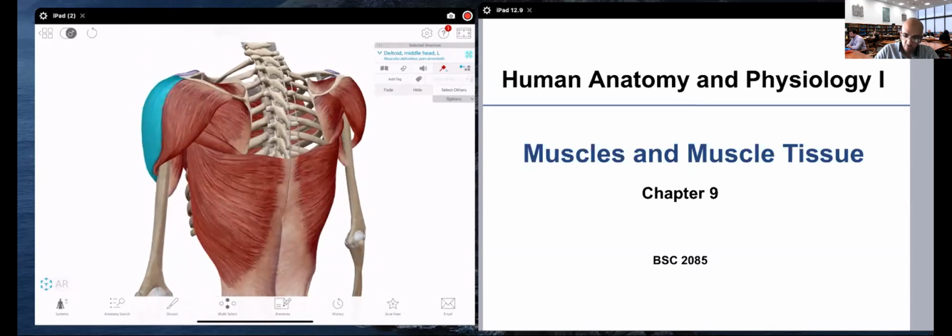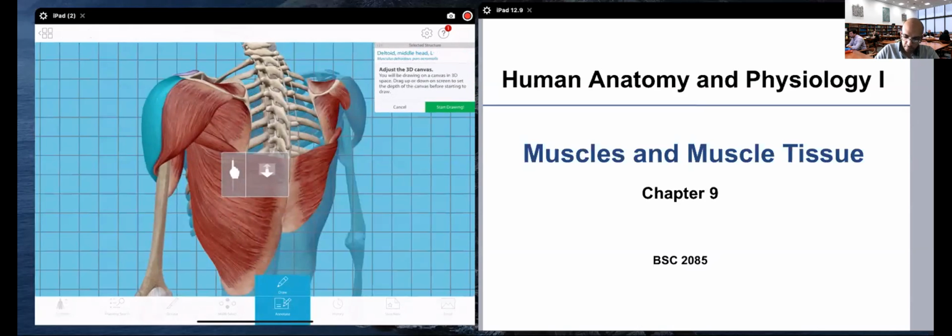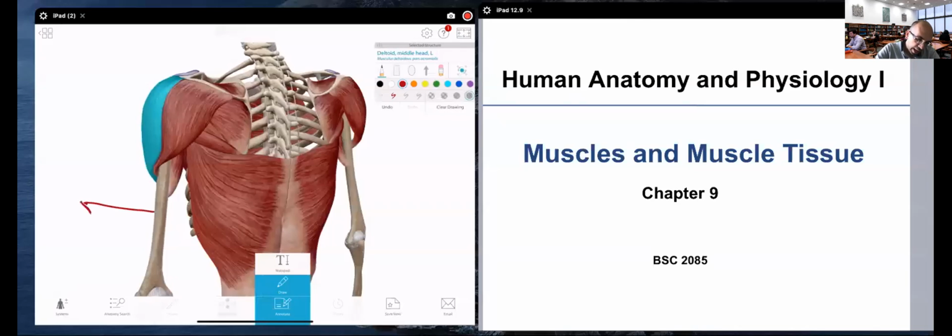What we call this movement, if you remember, is abduction of the arm. So here, the deltoid muscle, when it contracts, is going to be pulling this point to move towards this point. As I am pulling the arm, I am moving the arm away from the body. This is an arm abduction or shoulder abduction.